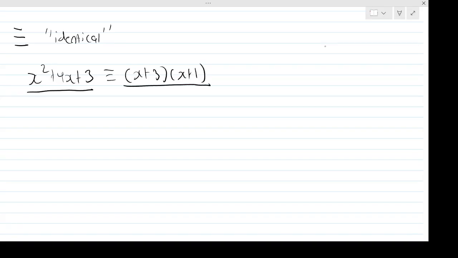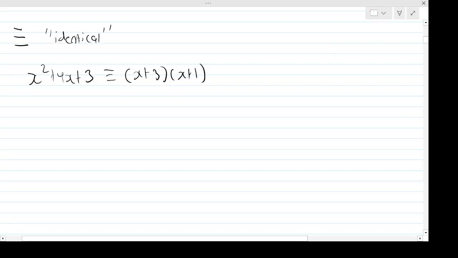So for example, if we have x squared add 4x add 3, we can say that is identical to x plus 3, x plus 1. Why? Because it turns out the left-hand side and the right-hand side are exactly the same for every value of x, okay?